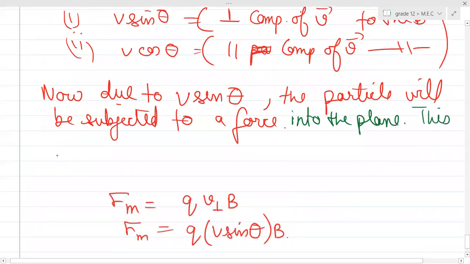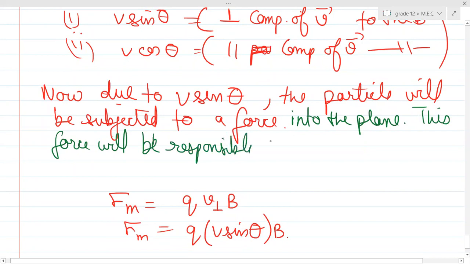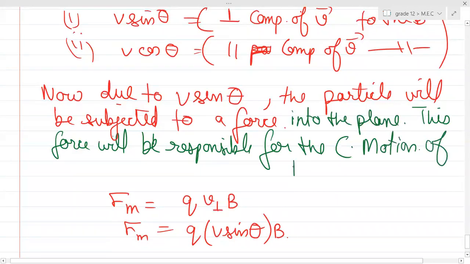This force will be responsible for the circular motion of the charge, right?